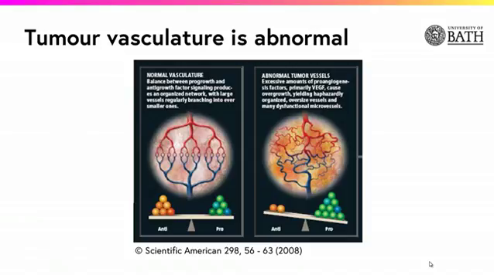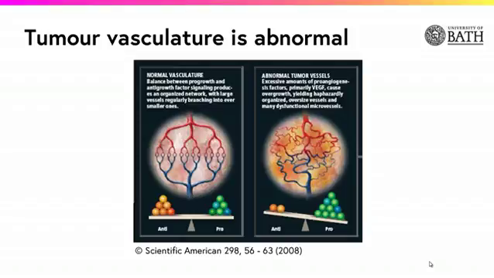Now, another point to note is that the blood vessels that do form in tumors are abnormal. Unlike normal tissues where the branching network is very systematic, very organized, this is the complete opposite in tumor cells.